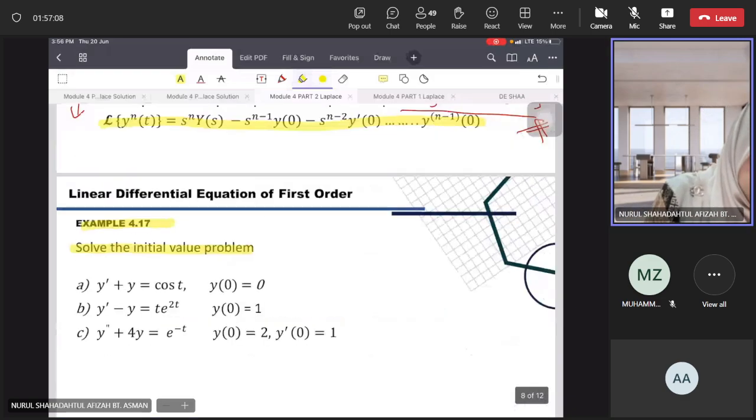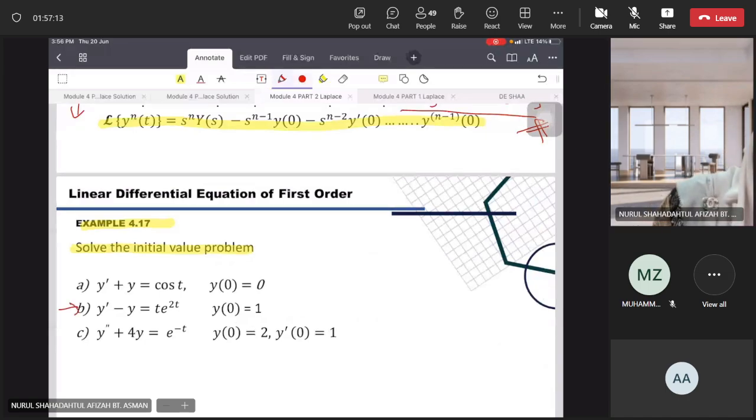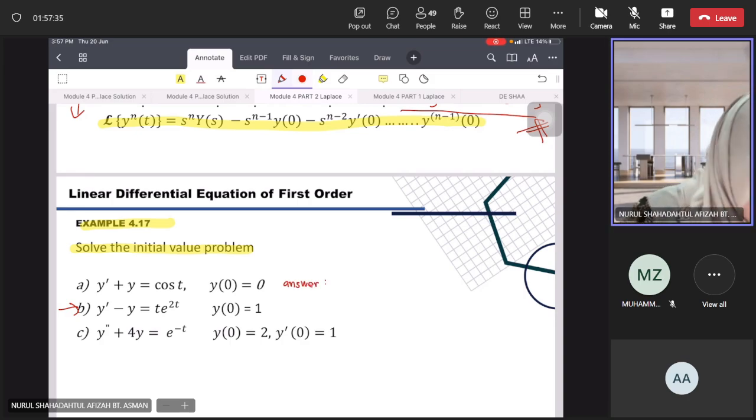I think maybe B, I didn't try to solve B. So for this one, 1 over 2 cos t.